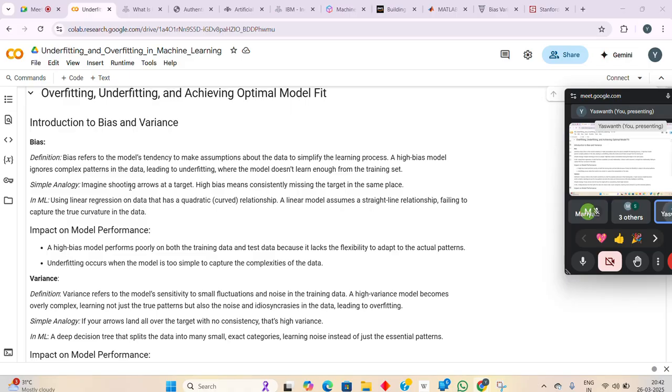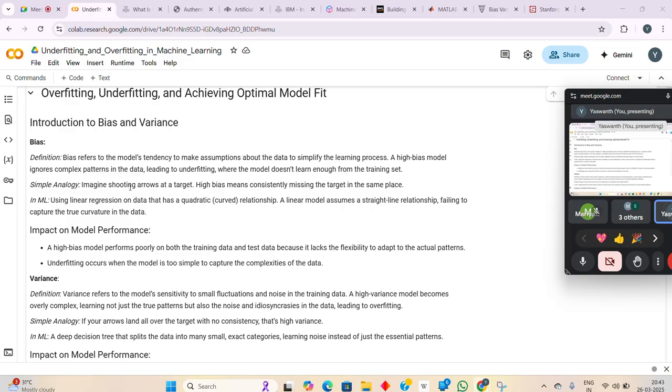Okay, similarly, if a model has high bias, the model is going to ignore the complex patterns in the data, and that leads to underfitting. So we have two things: overfitting and underfitting. Underfitting is caused by high bias.